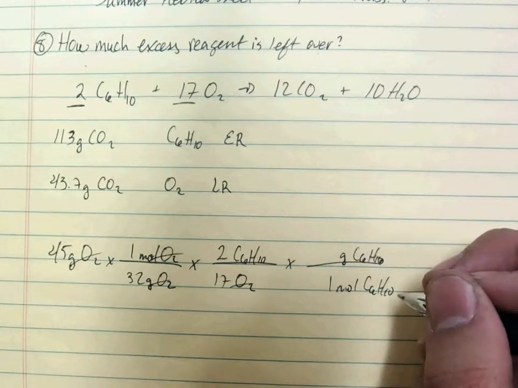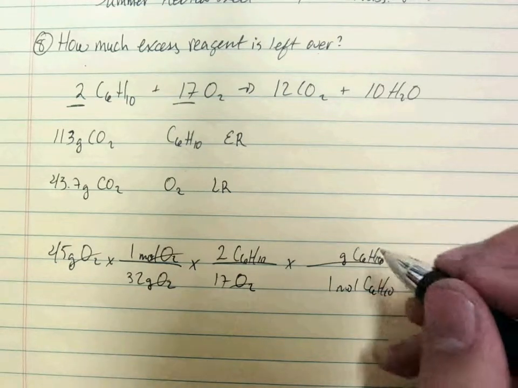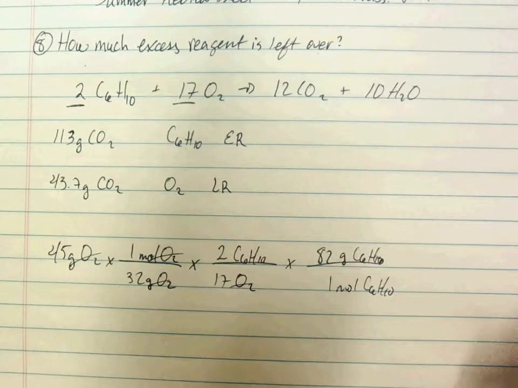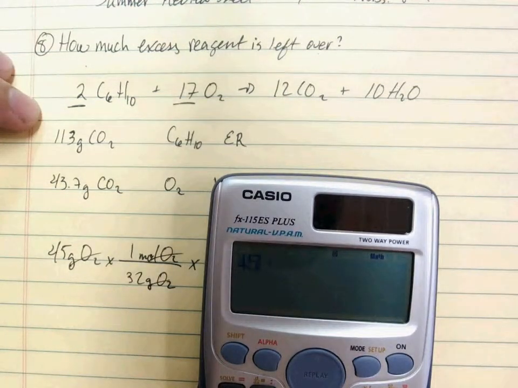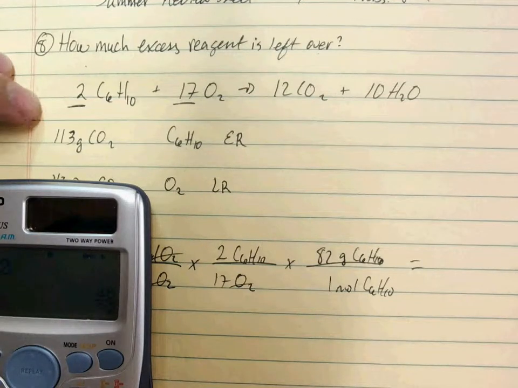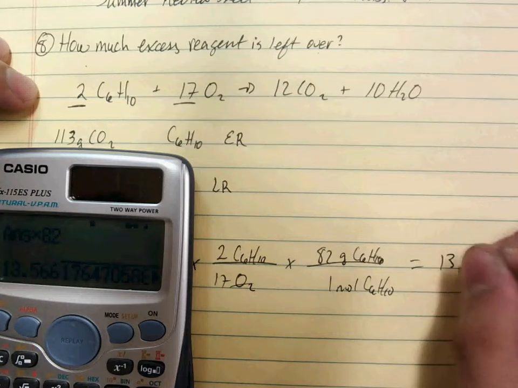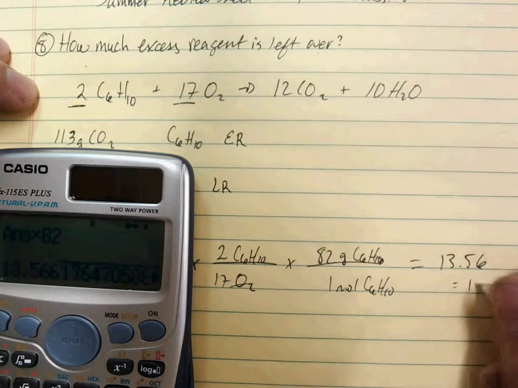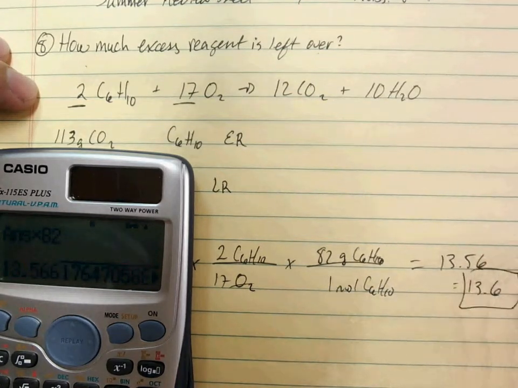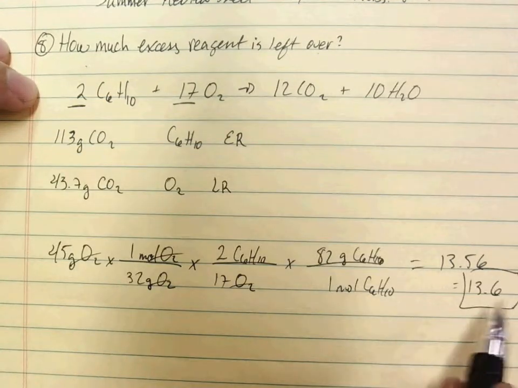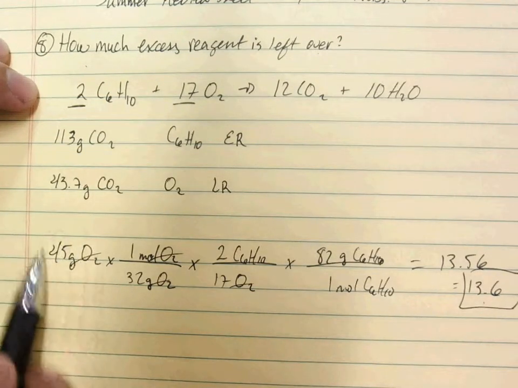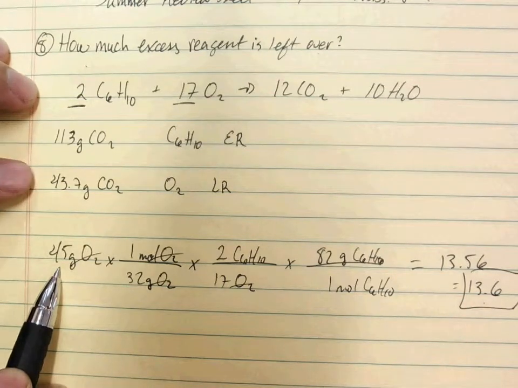I look at my molar mass of C6H10, that's 82 grams. So then I run the calculation. I have 45 divided by 32 times 2 divided by 17 times 82. And that gives me about 13.56. So I'm going to say about 13.6. That's how much C6H10 I used up in my reaction that is limited by my 45 grams of oxygen.